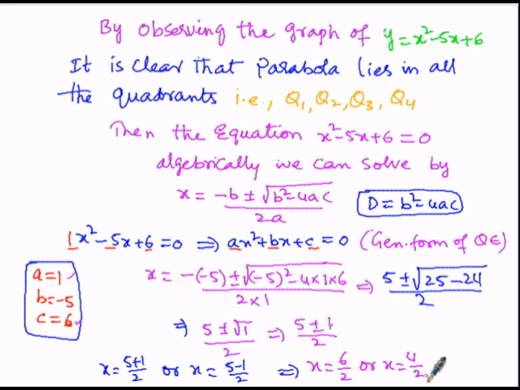By simplifying further, 2 ones in the denominator and 2 threes in the numerator, 2 ones in the denominator and 2 twos in the numerator. So we got x values as 3 or 2. Therefore x equals 3 or 2.